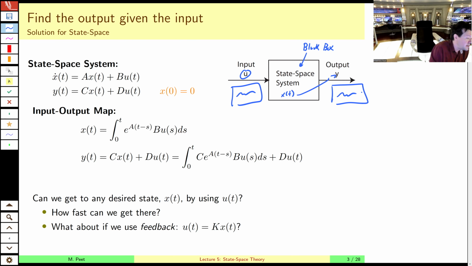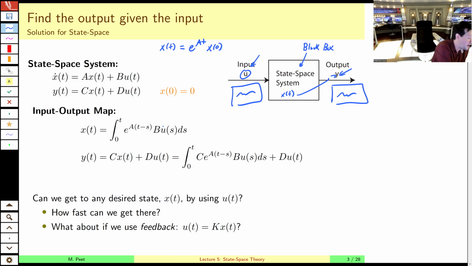And as for the states in the stability problem, where we solved for the solution and found an explicit expression for it, in this case we're also going to find an explicit expression for the output of the system given the input of the system.